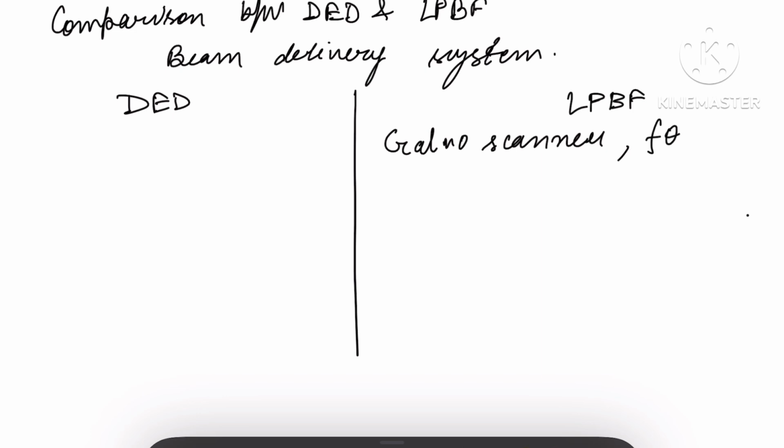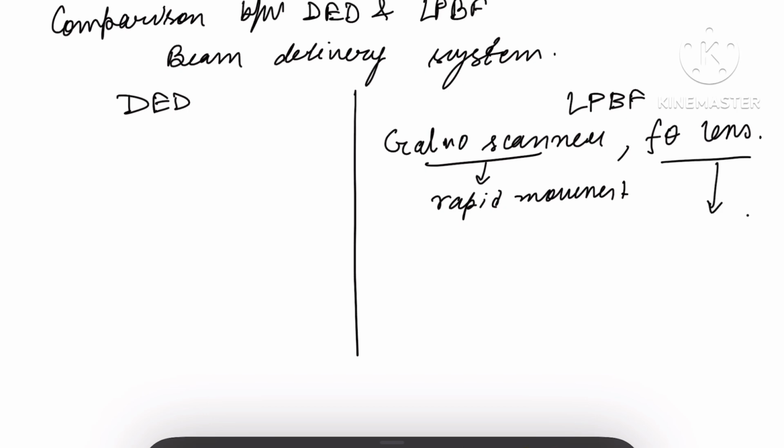The galvo scanner is responsible for the rapid movement of the laser beam over the powder bed, and the F theta lens is responsible for the focusing of the laser all over the powder bed. F theta lens results in a planar focusing of the laser beam.